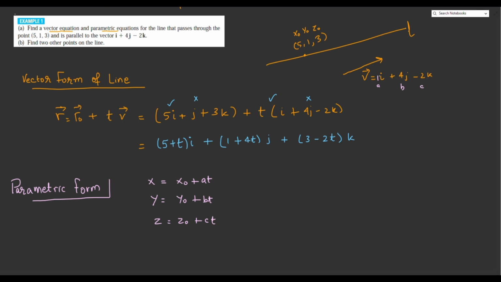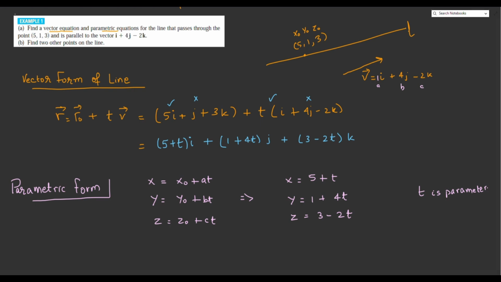So the components of this direction vector give you the values of a, b, c. If we substitute these values, we get x = 5 + t, y = 1 + 4t, and z = 3 - 2t, where t is a parameter. That is, it can take any value. You can substitute any real number in place of t.